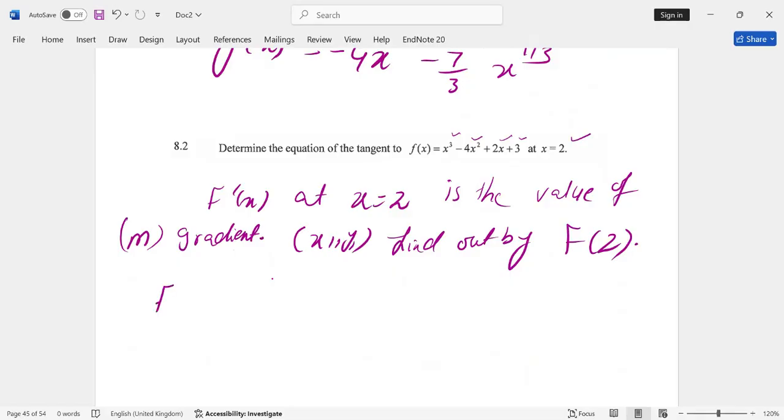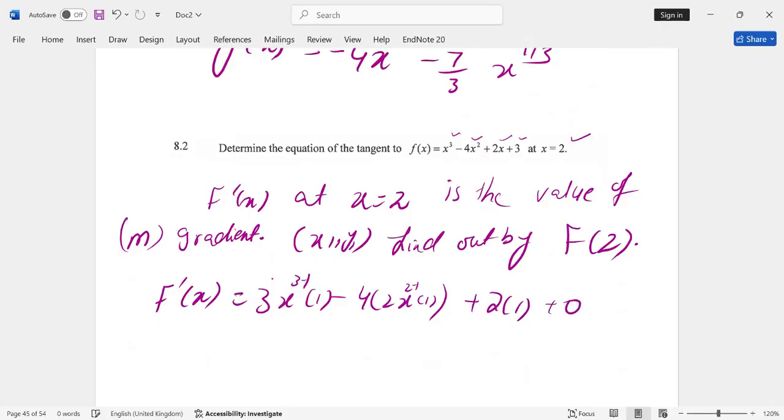We have f prime of x equals, I'm just taking the direct derivative using the power rule: 3x^(3-1), minus 4 into 2x^(2-1), plus 2 into 1, and the derivative of the constant 3 is 0. So we have 3x squared minus 8x plus 2.